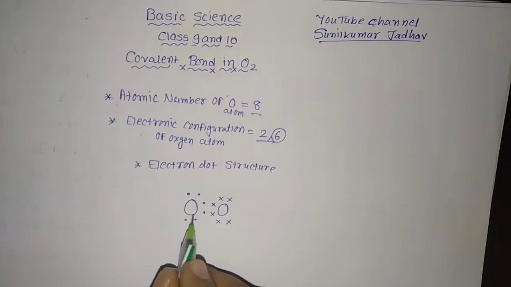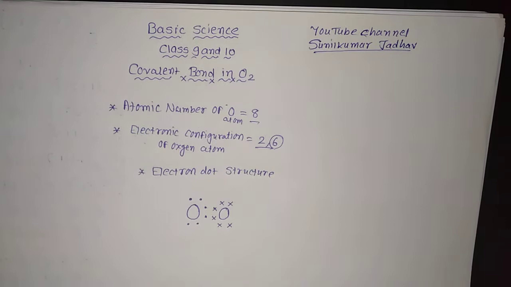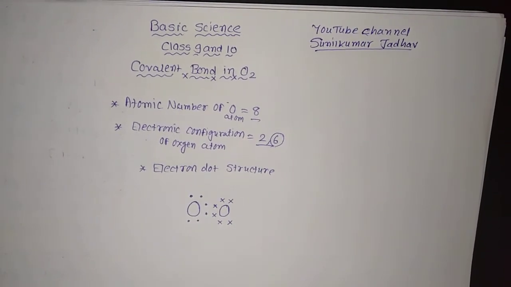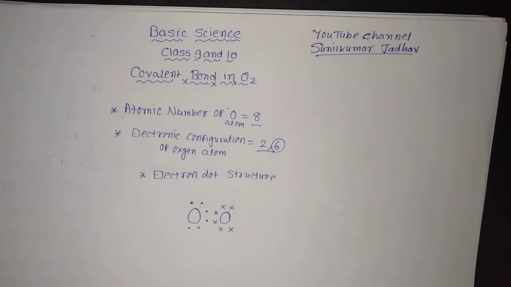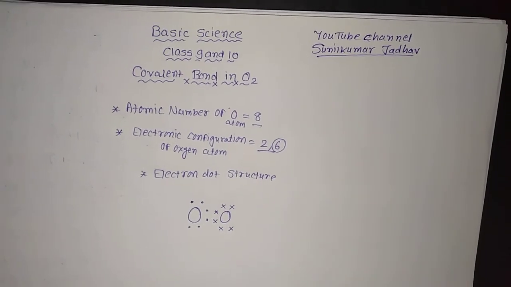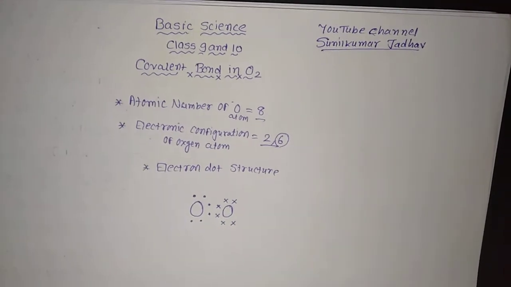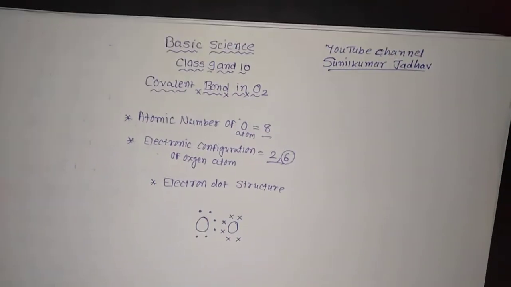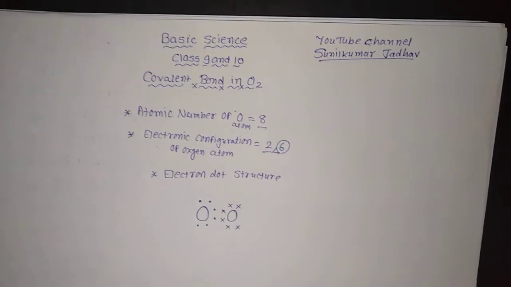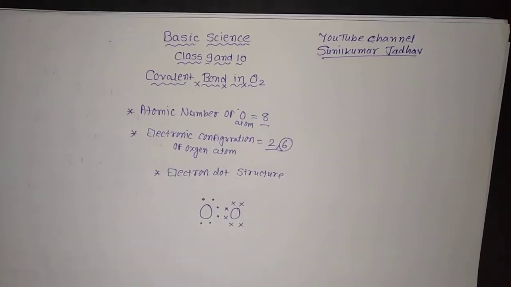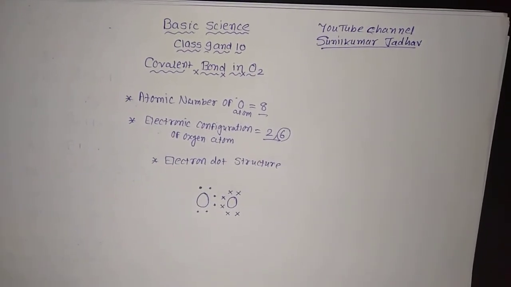Now this oxygen also requires 2 electrons, and this oxygen also requires 2 electrons to complete its octet. Octet means the outermost orbit should be filled with 8 electrons. But in both of these cases, just imagine you are going to the canteen during recess time, and you have only 10 rupees in your pocket, and you are asking for a wafer packet of 10 rupees.